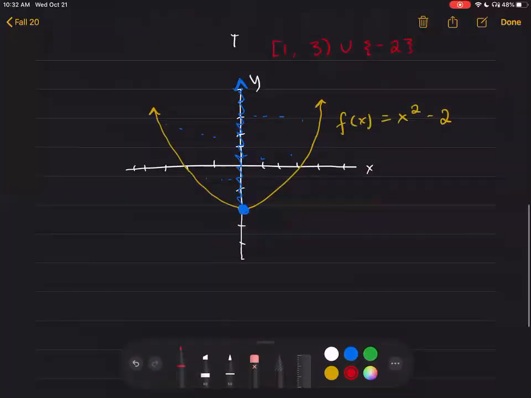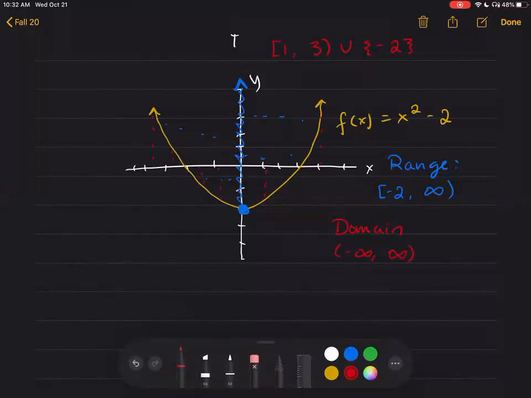So we already know that the domain is going to be everything, but we can kind of see this because if we took any point on the x-axis, we can draw a little line out to the graph from it, right? So the range will be starting on -2 all the way to infinity, and then our domain will be everything.